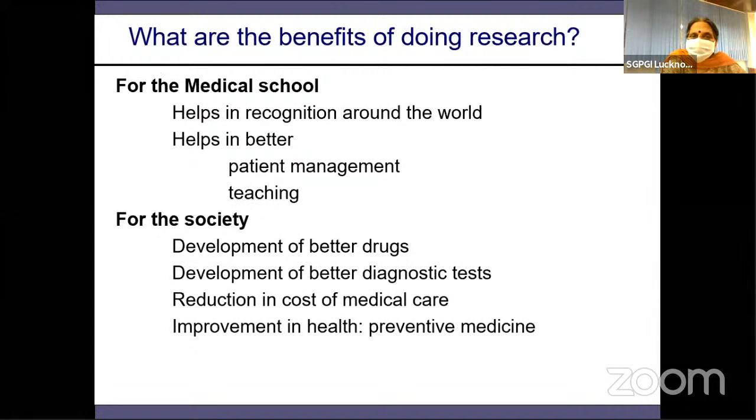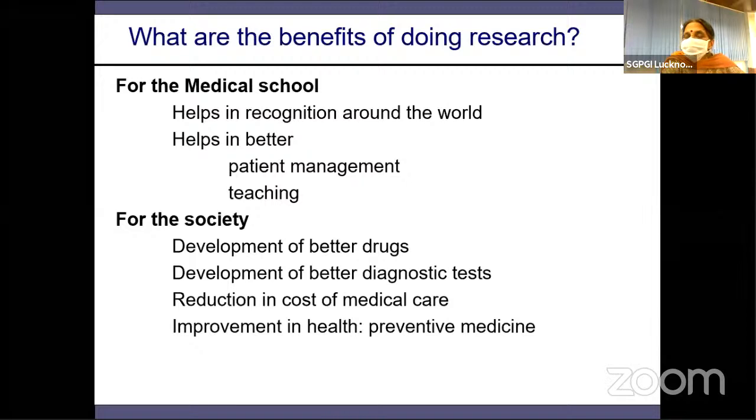And for the medical school, it helps in recognition of your college or your institution across the world, because nowadays everything is about what your institution is contributing. One of the areas in which contribution is counted is research publication. Another is obviously patents, and how well you do patient care. It has been very well said by a previous director of NIH that institutions which are well known across the world are also well known for their research contribution.